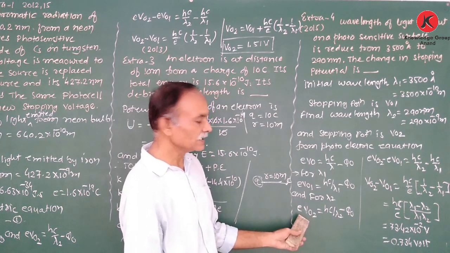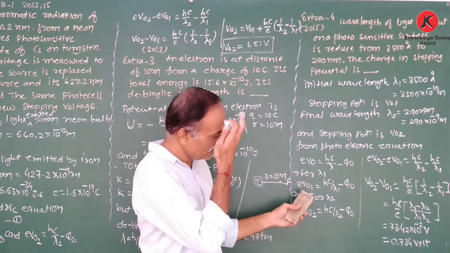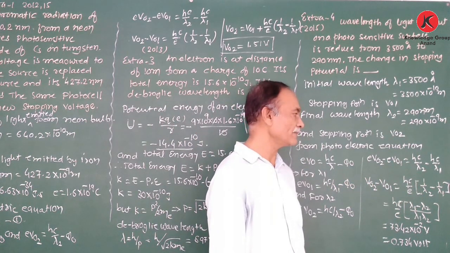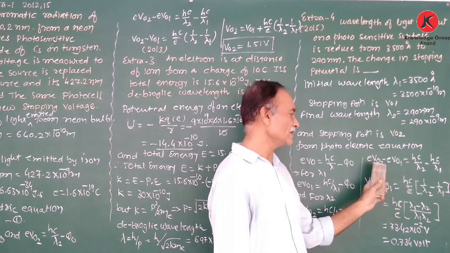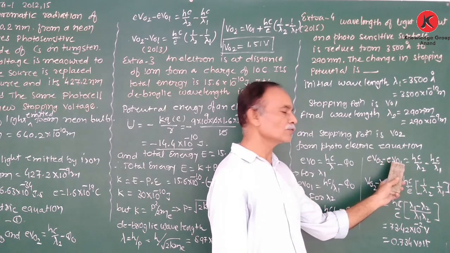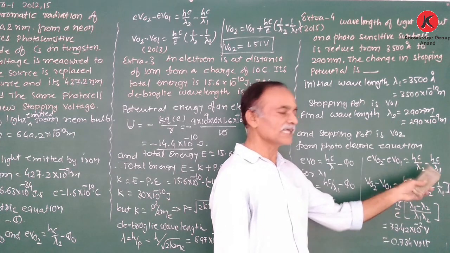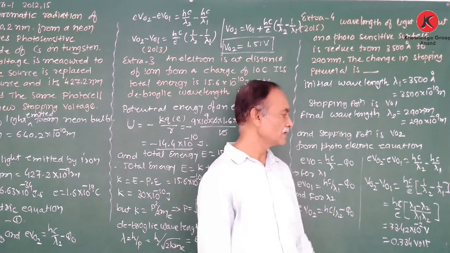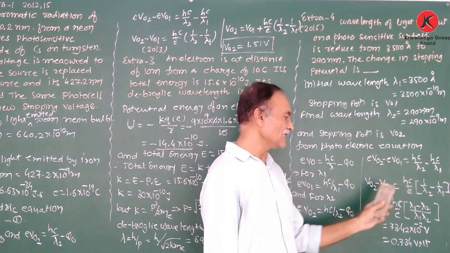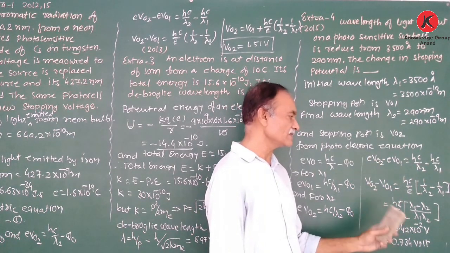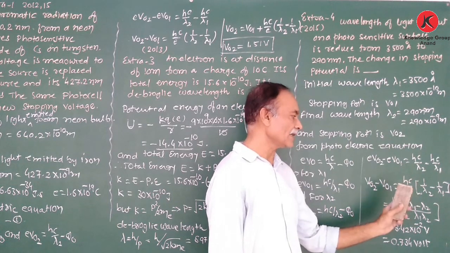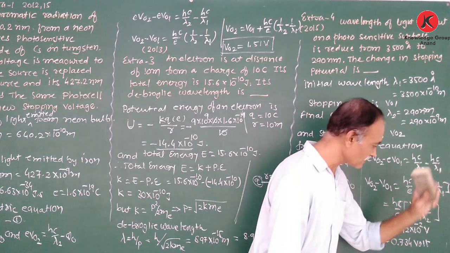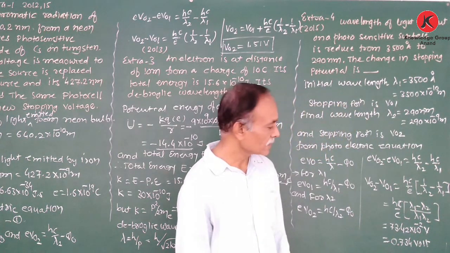Take the subtraction eV02 minus eV01, so hc upon lambda 2 minus hc upon lambda 1. On the left hand side e is common, so e into V02 minus V01. On the right hand side hc is common, so 1 upon lambda 2 minus 1 upon lambda 1. Now e is taken to the other side, therefore V02 minus V01 is equal to hc upon e into bracket 1 upon lambda 2 minus 1 upon lambda 1.